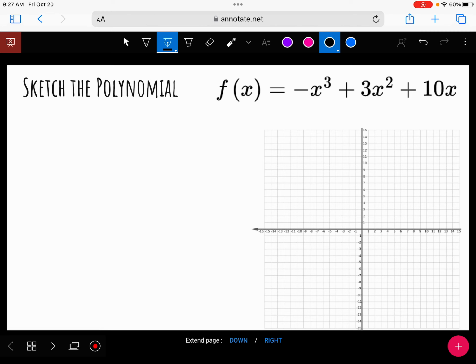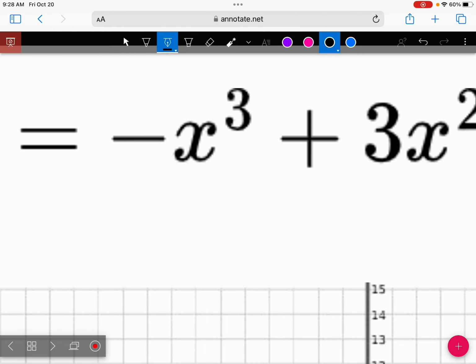Since I'm not giving it to you in factored form, what are we going to need to do? Factor it! Let's see, did I lock it back out so I can zoom in? I did. So when we're looking to factor this, what are we going to do first?